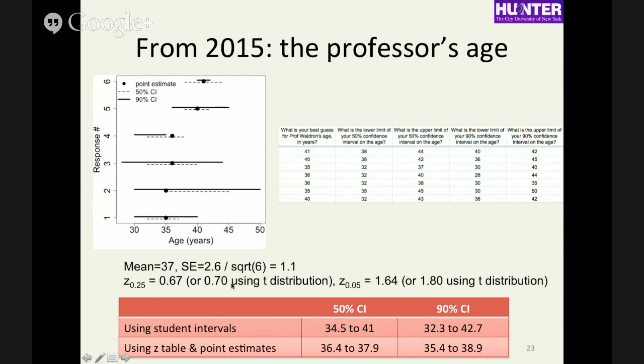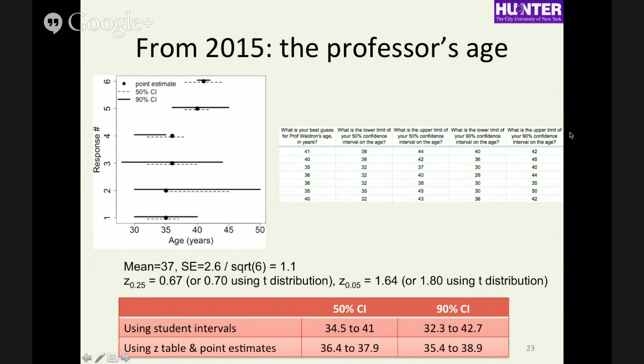The margin of error based on the point estimates for the 50% interval is 0.75, twice that, half of 1.5. And for the 90% confidence intervals, you see it is a bit larger. I took this to mean that there's a bit of a deficiency in your odds settings, in that the 90% confidence interval is really not much larger than the 50% confidence interval.